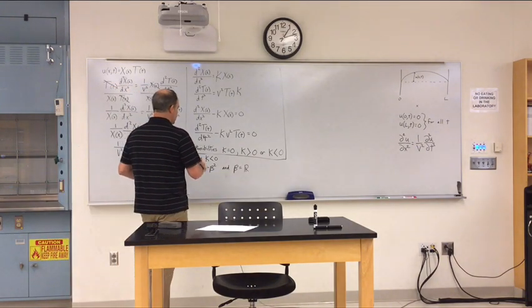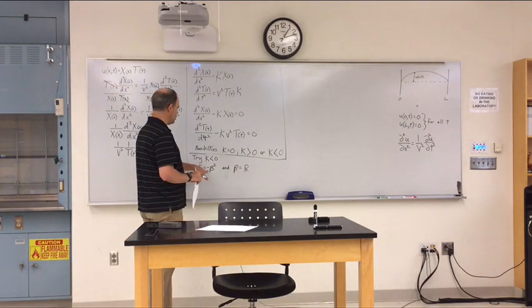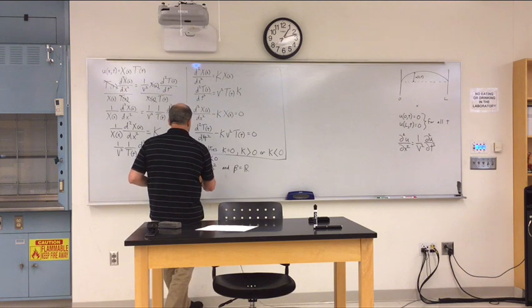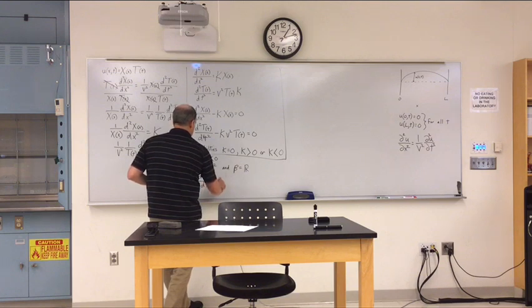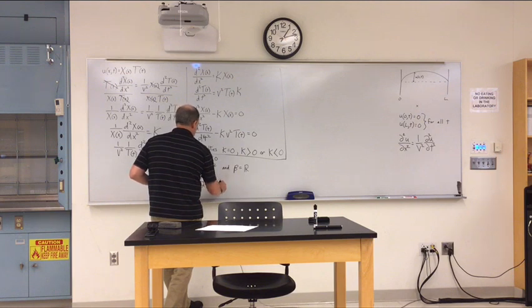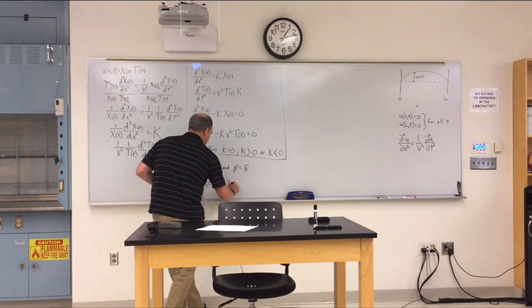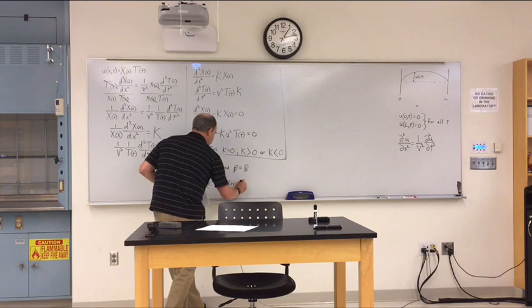Okay, so if k is equal to the negative of beta squared, we can plug this in up here for our x, and we get d squared x of x over dx squared plus beta squared x of x equals 0.